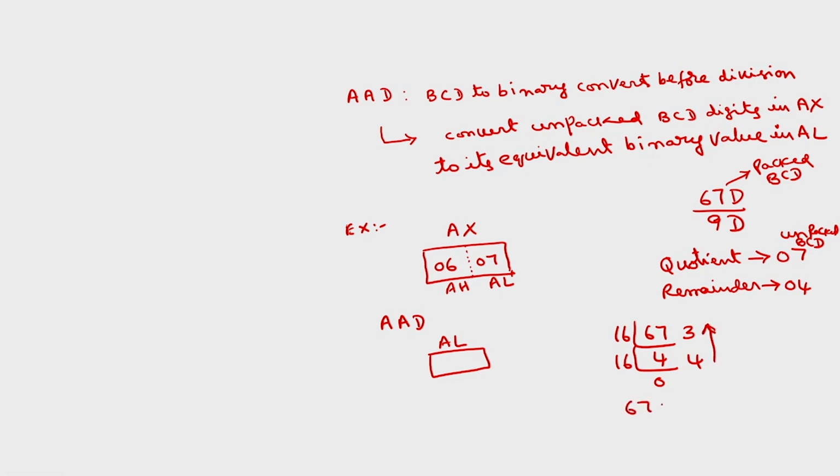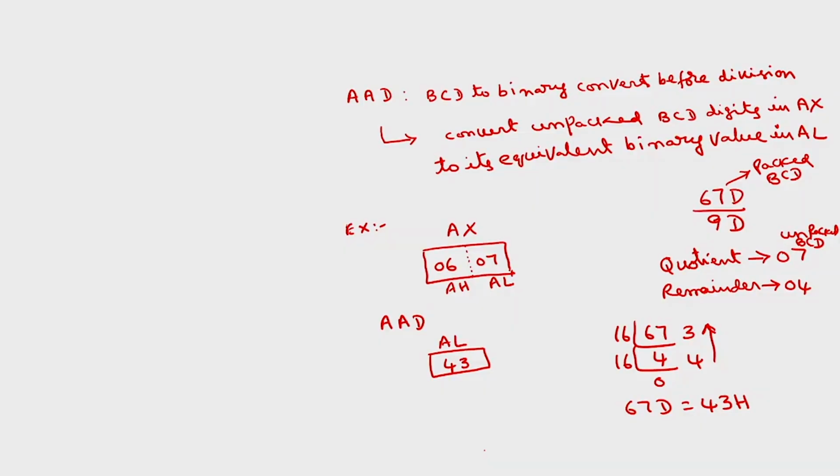So 67 decimal is equal to 43H, and in AL, 43H will be present. This is about the AAD instruction. It takes two unpacked BCD digits in the AX register, and when I write AAD, the hexadecimal equivalent of the number will be stored in AL.